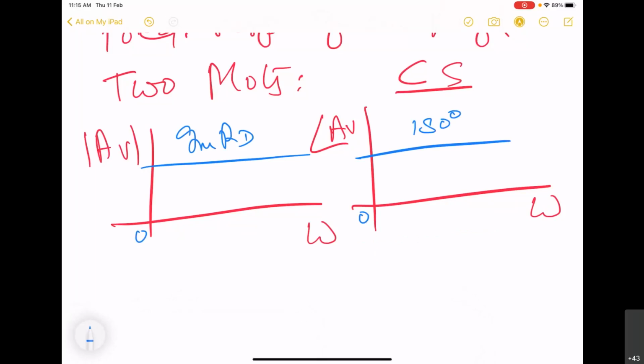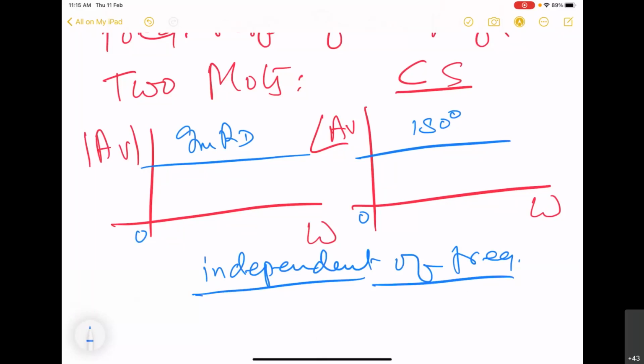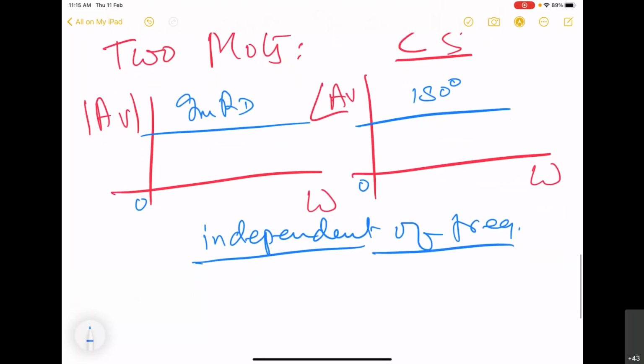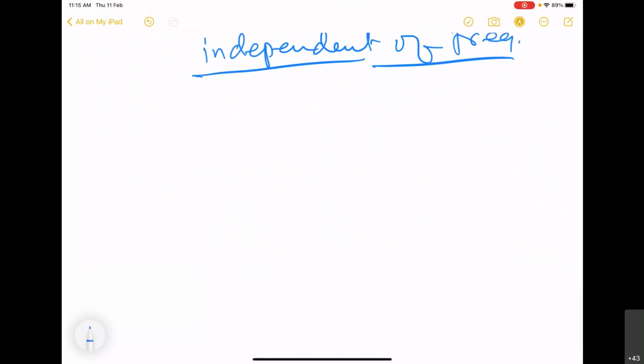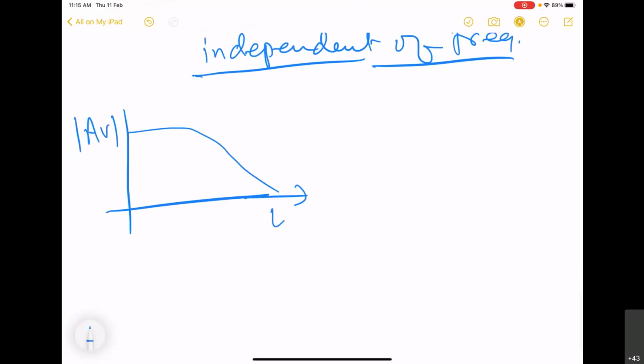So here we see that both the plots, they are here, and similarly the phase can also be something like this.